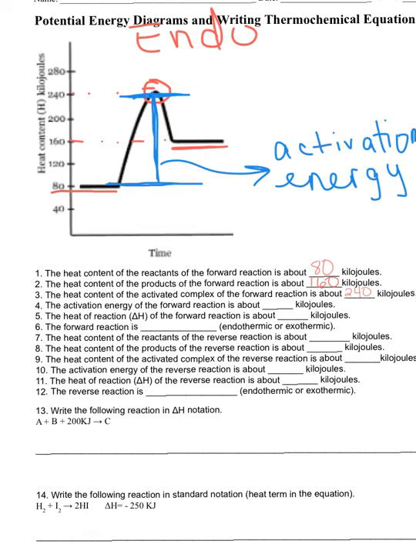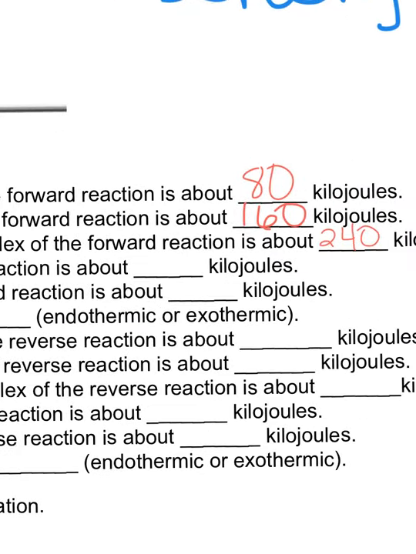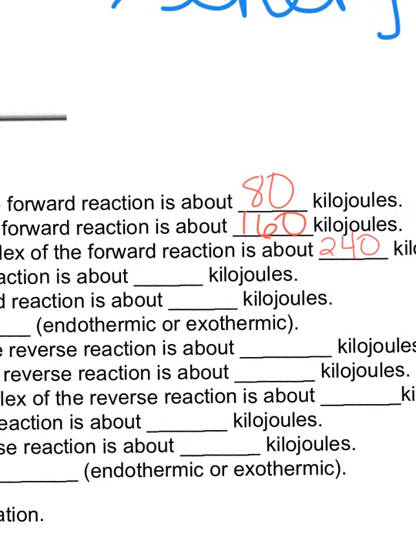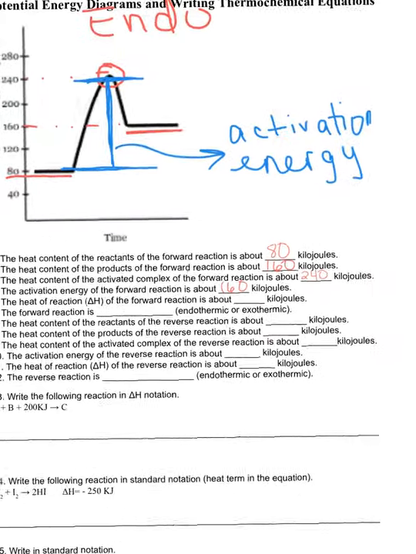So we need to do 240 minus 80 kilojoules. That's how much energy the reaction needed to absorb in order to proceed. So we do that simple math. 240 minus 80, and we come up with 160 kilojoules.